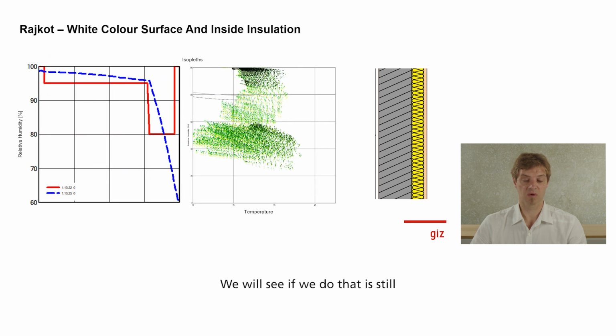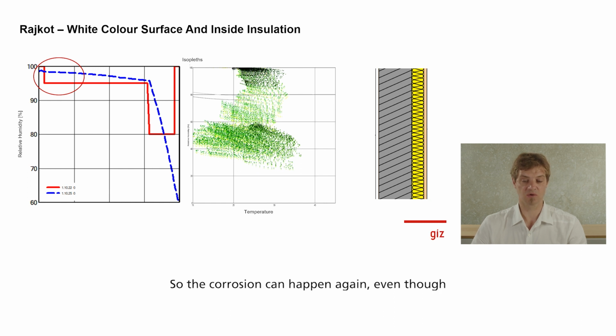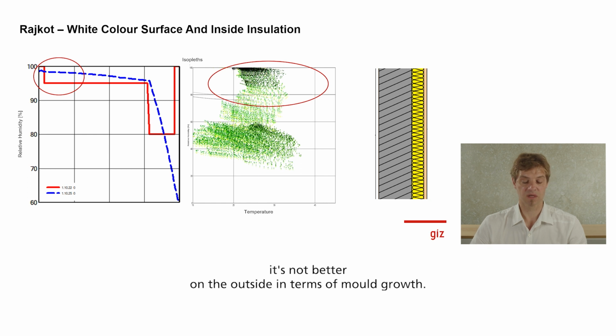What we see if we do that is that we still have high moisture on the outside, and we now have also high moisture on the construction itself. So the corrosion can happen again, even though it's not better on the outside in terms of mold growth.